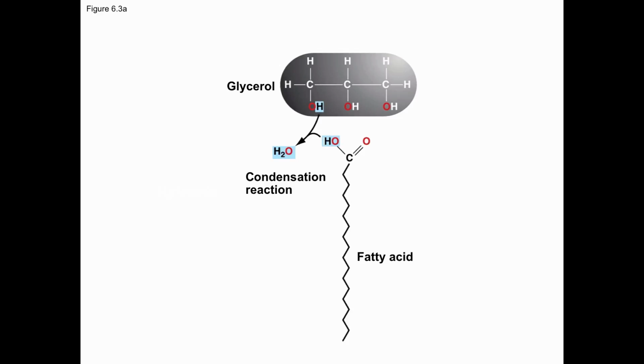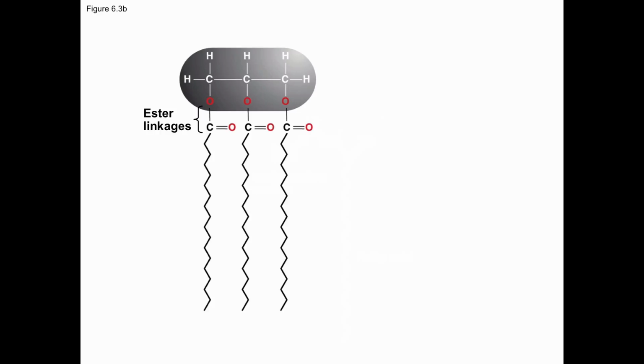The condensation reaction proceeds and therefore forms a covalent bond. The particular name of the linkage here is called ester linkage, and again it is a covalent bond that is formed by sharing of electrons.